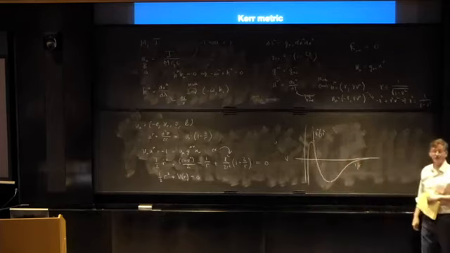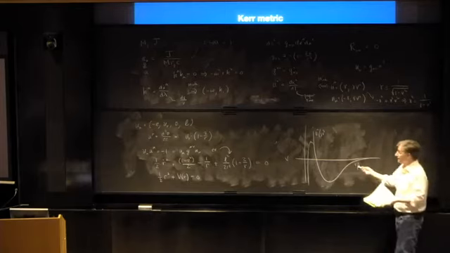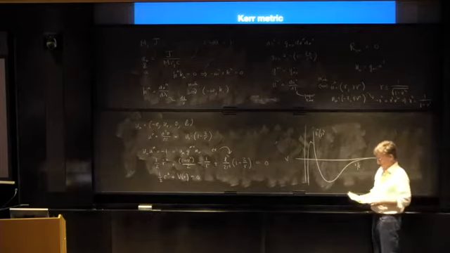So it goes to minus infinity at r is 0. So evidently there are 2 circular orbits here, here, and here. This gives us what the orbits look like in Schwarzschild.